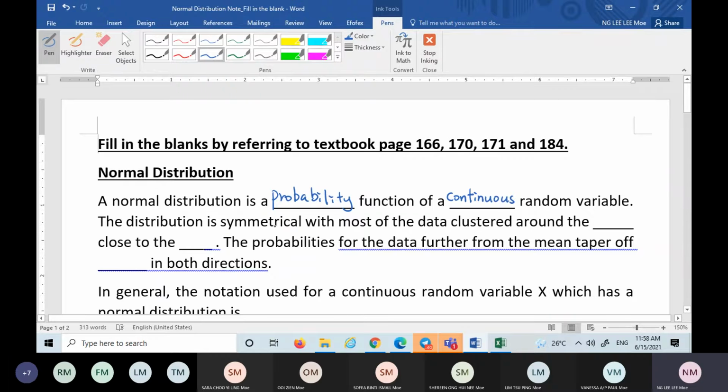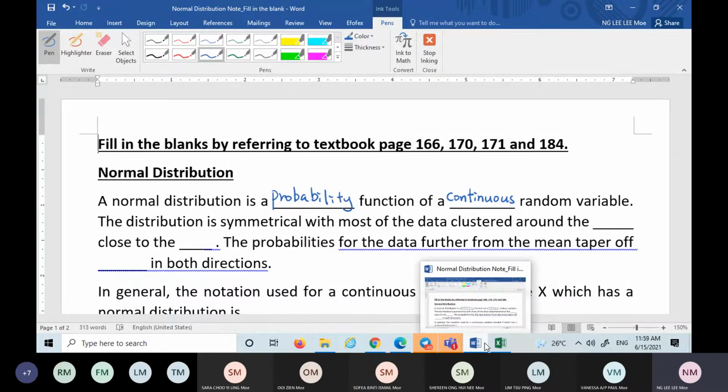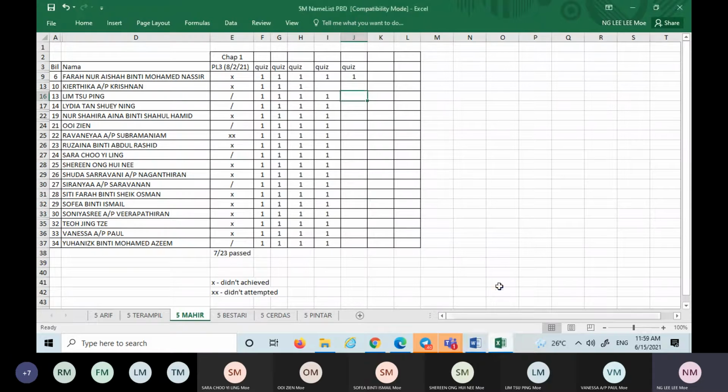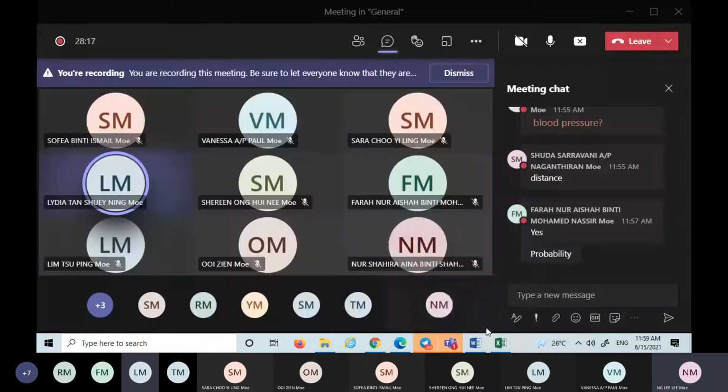Next, the distribution is symmetrical with most of the data clustered around the what? And then close to what? One by one. Clustered around the what? It means all together at a certain place. At what place? Next girl is Lydia. Around the center. Very good.